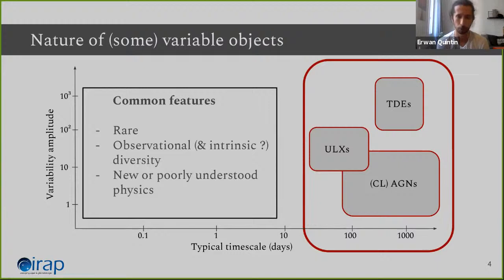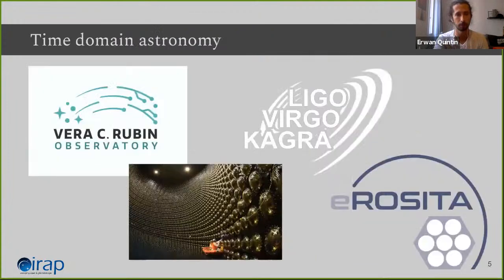They show observational diversity, so all of them have different observational properties. And overall, those 3 types of objects have new or poorly understood physics. So it's extremely interesting to find new examples of those objects.